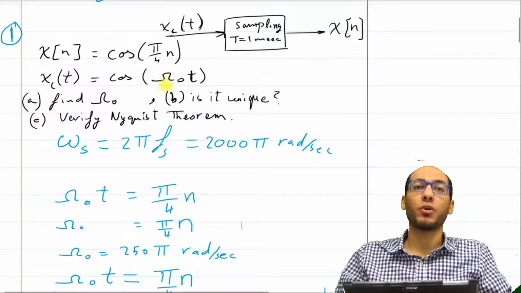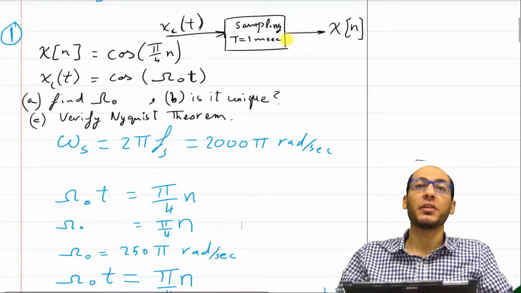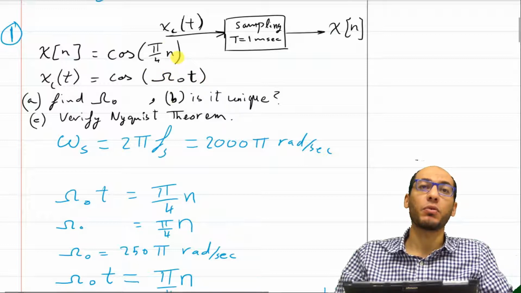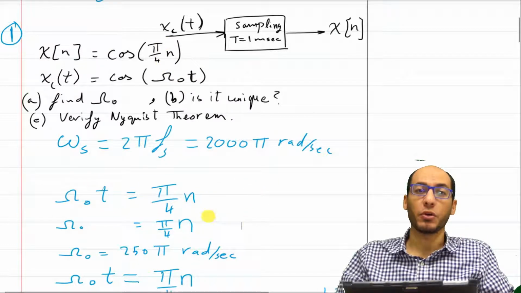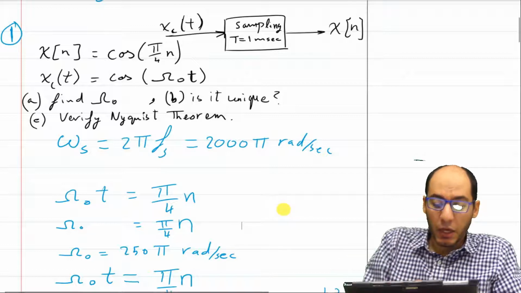Let's find out how to get omega node. Since the signal passed through a sampler, what happened is that this signal got sampled, which means that this value is equal to that value. The arguments are going to be the same, so that's why I put this equality. And what is the value of t?